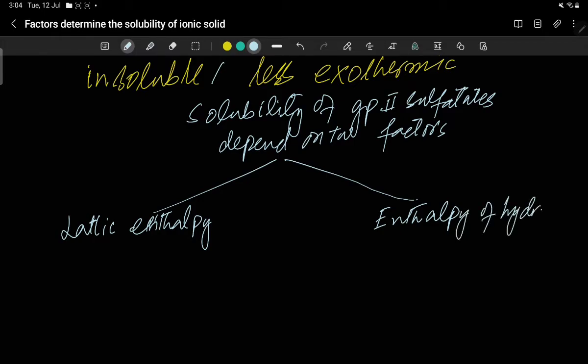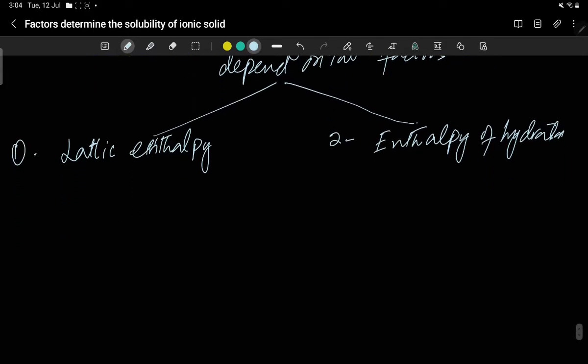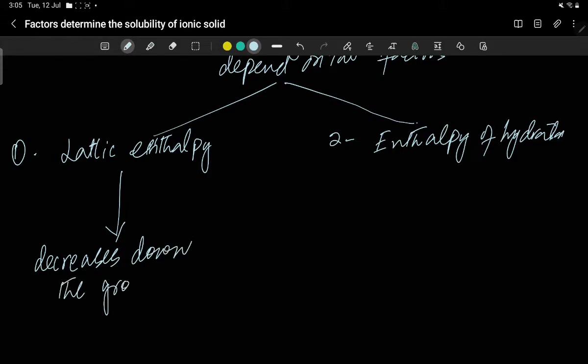Number one factor, number 2 factor. Decreases down the group. Also decreases down the group.